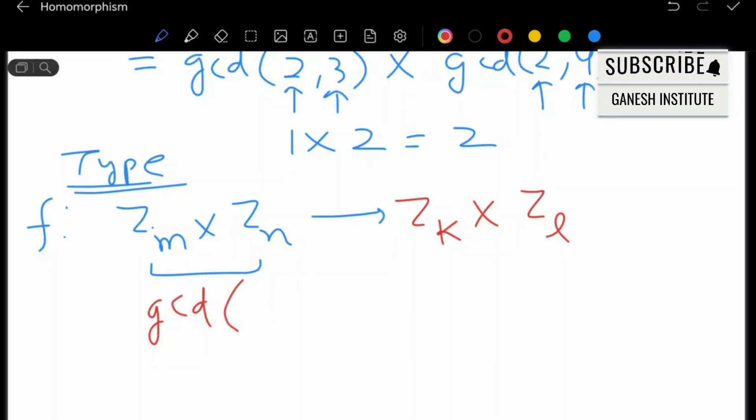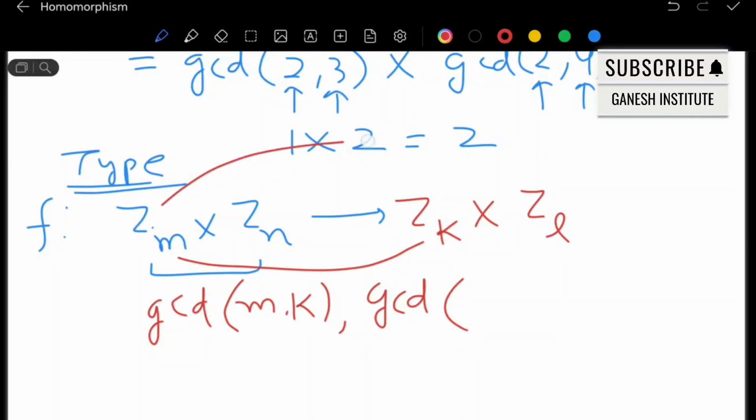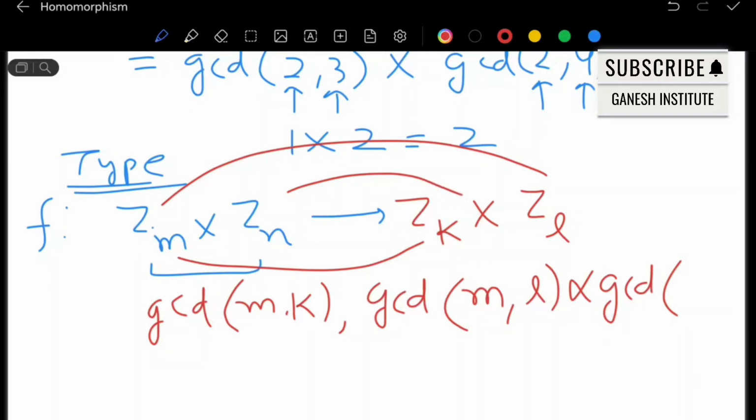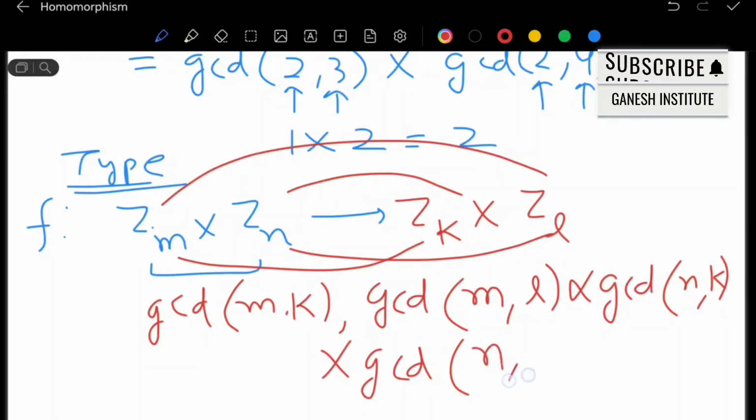We have to consider the formula for GCD: GCD of M and K, then multiply it with GCD of M and L, then GCD of N and K, and GCD of N and L.